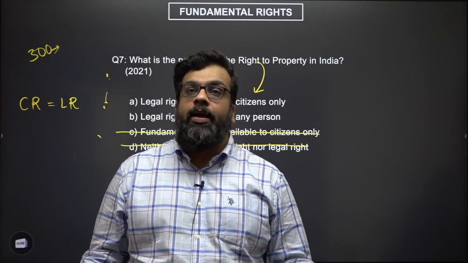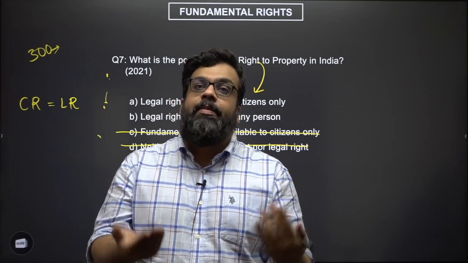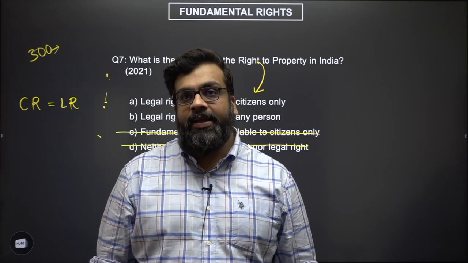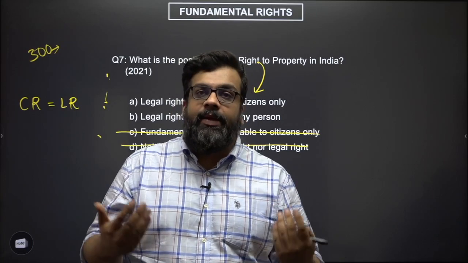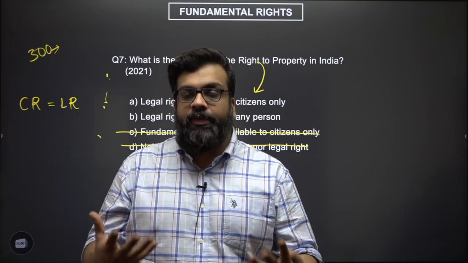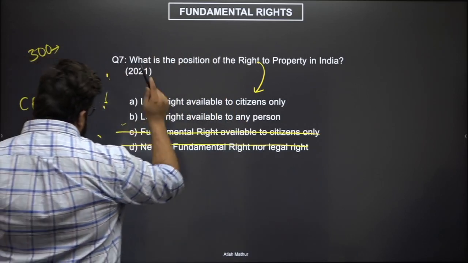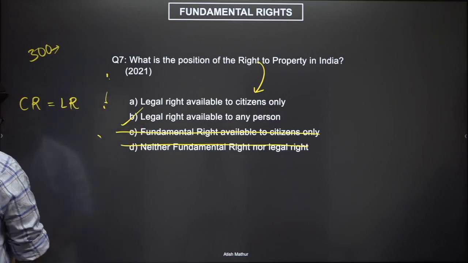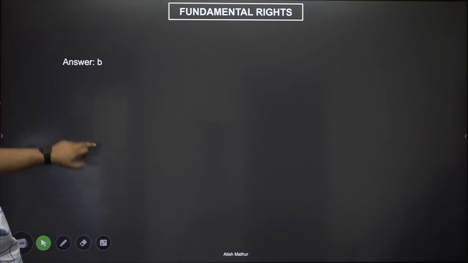How would you then go all over the world and request the world to come invest in India if you could not even buy property in India, right? That would then flip the entire come invest in India, welcome to India, sort of a foreign policy principle that we have. So therefore, the option is B. That is your correct option. This is also given in your NCERTs, by the way. But anyway, so your option is B.